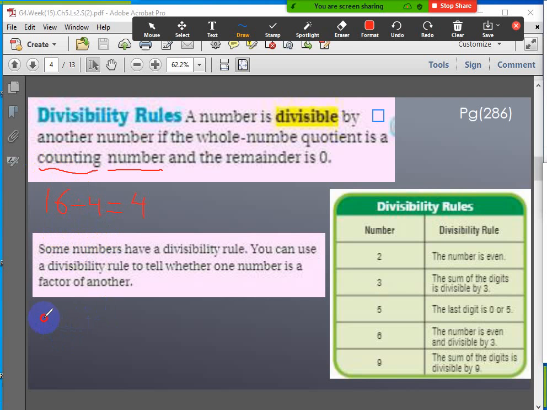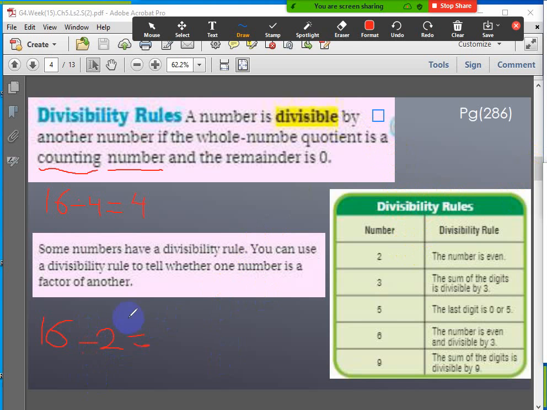Also, is 16 divisible by 2 or not? Let's see. 16 divided by 2, who will tell me? Very good, Duha. Very good, Lana. Very good, Sama. Very good, Rimas and Taylin and Kenzie.